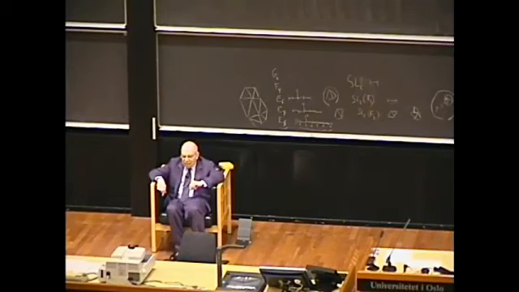You consider all the totally isotropic subspaces of the quadratic form. These totally isotropic subspaces have certain dimensions.